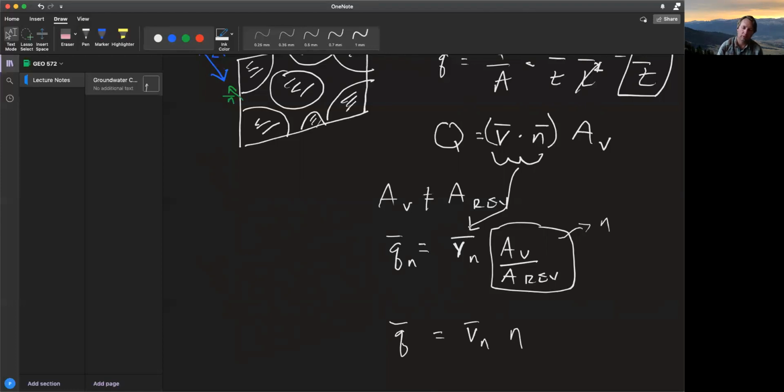If you haven't taken vector calculus and the dot product doesn't make sense to you, don't worry about it. All it ends up doing is making sure that we're getting the component of the velocity that's perpendicular to the plane. Okay, so now we have discharge, flux, and fluid velocity and the relationship between those three.